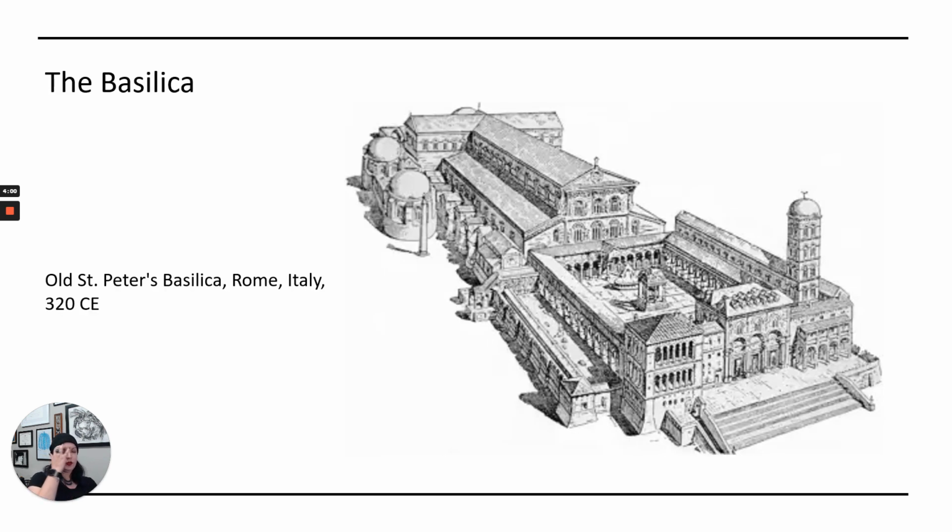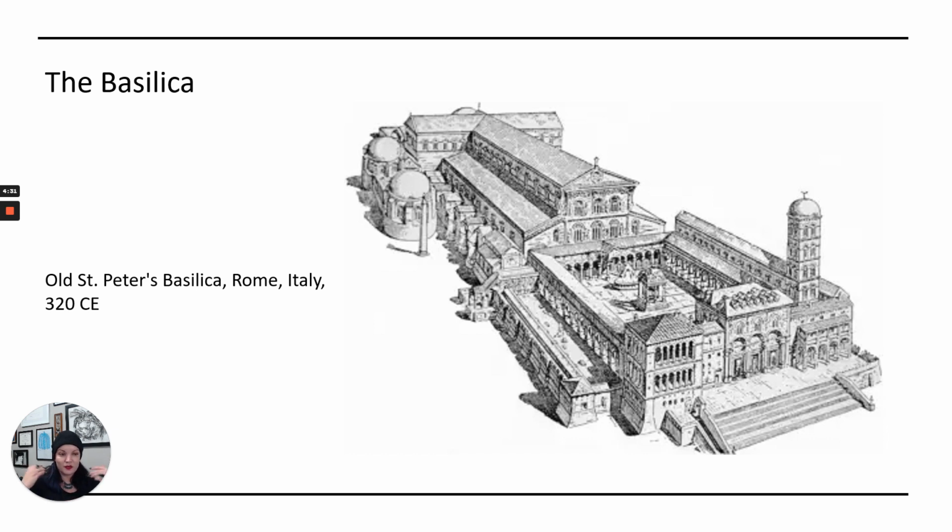Okay, so basilica plan. Let's look at what this looks like. Constantine is the patron of the first legal church, because remember, Constantine becomes the emperor. He attributes that victory to Christianity in a lot of ways, and as a thank you, he makes Christianity legal by signing the Edict of Milan.